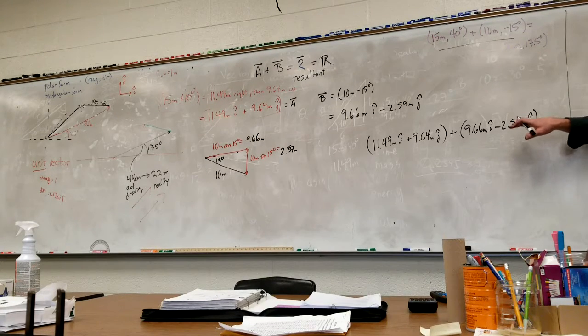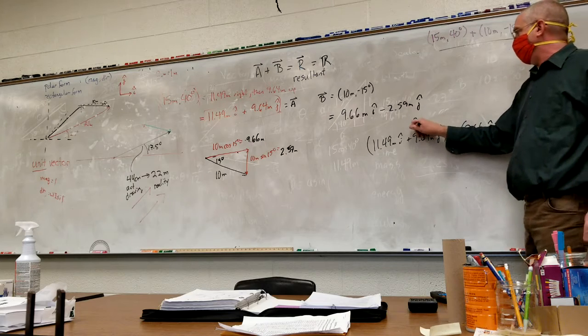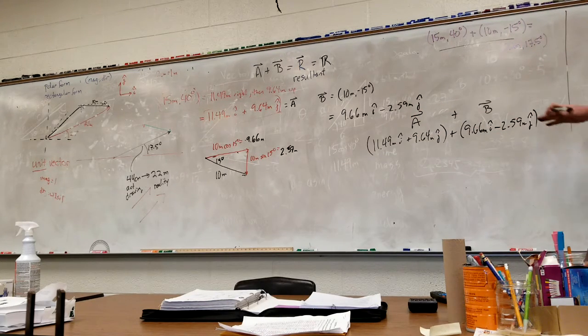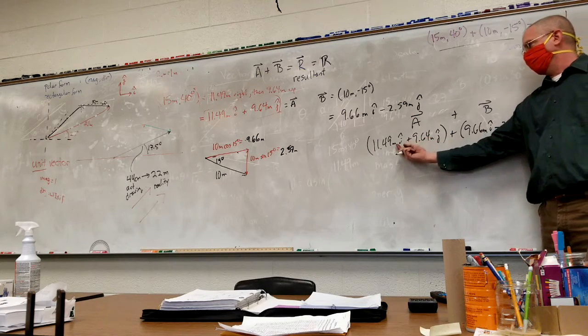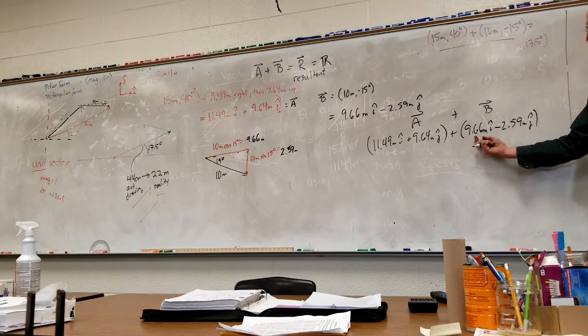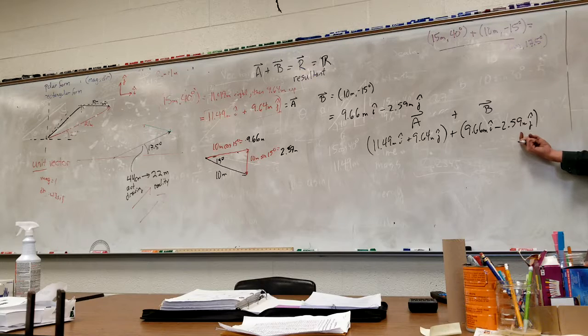Now we're not done yet. This is A plus B. Now how do you add these? You add the i's and you add the j's. Just like in Algebra 1, if this were 11.49x and 9.64y, 9.66x minus 2.59y, you combine like terms.